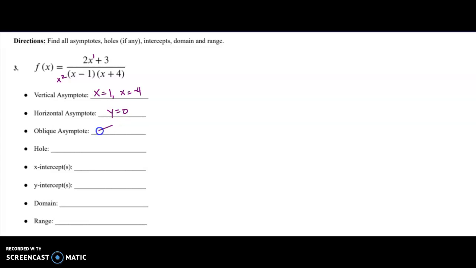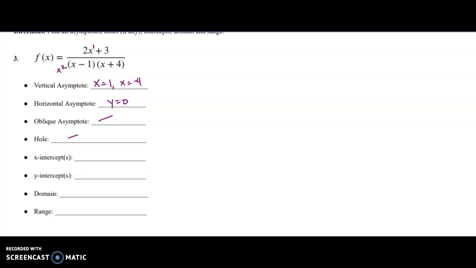Oblique asymptote, there's none. There's also no hole because none of the factors canceled out. The y-intercept, we know that that's going to be x equals 0. And when you plug that in, you end up with negative 3/4.